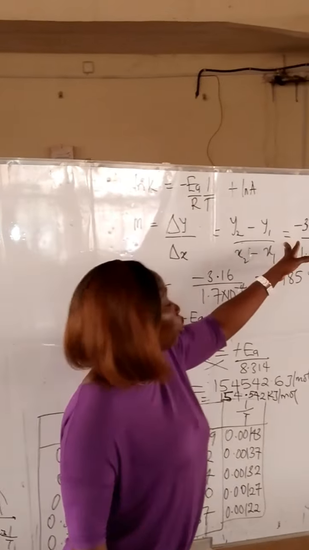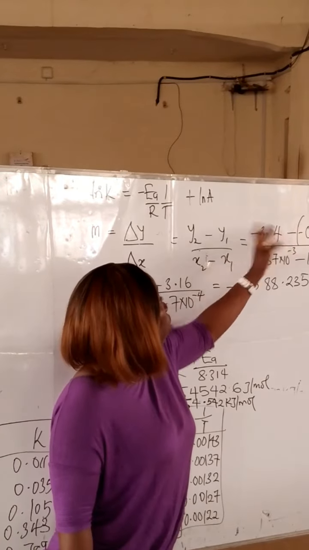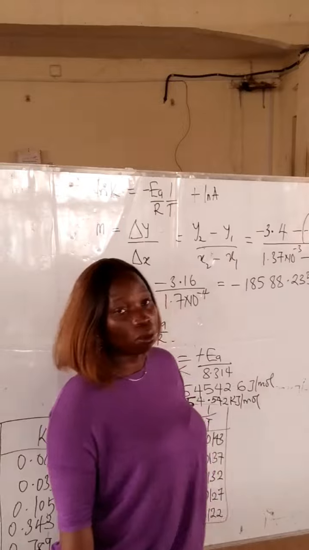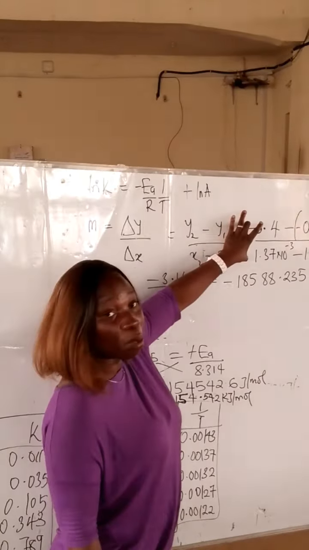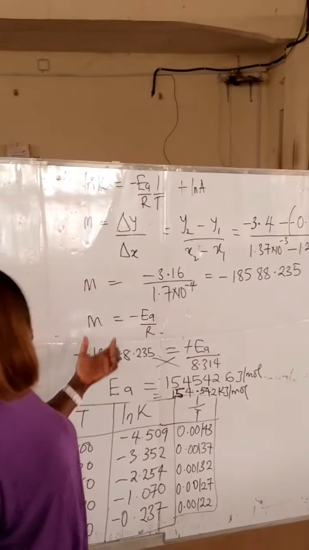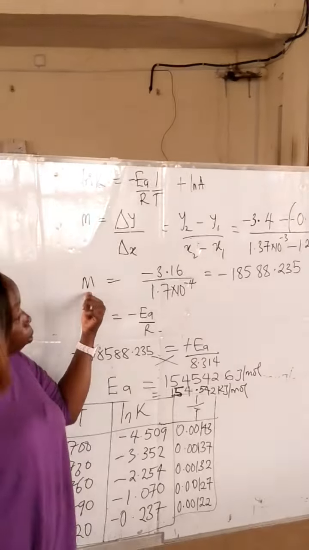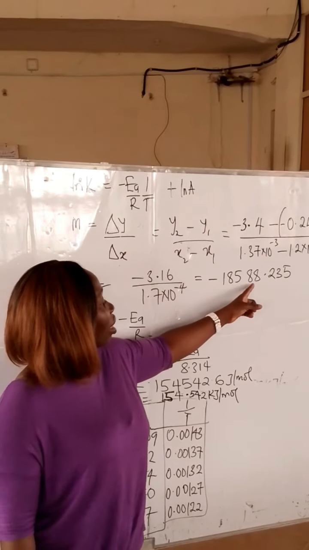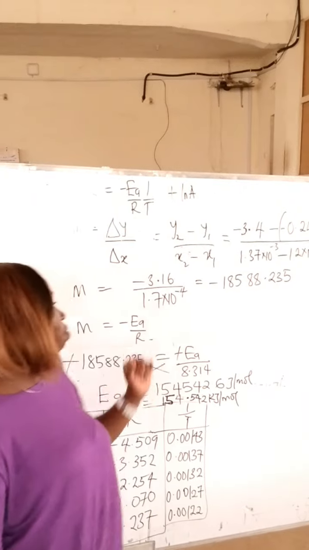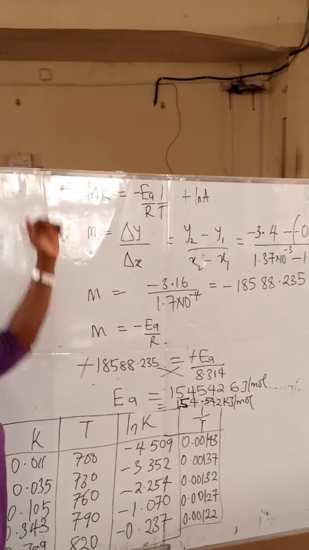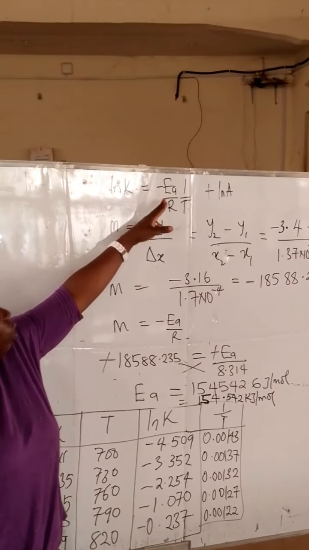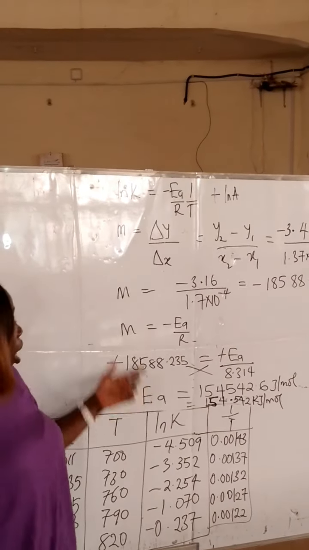So from our graph, we have y2 to be minus 3.4 and y1 to be minus 0.24. When you have put them into the formula, you will have your slope to be equal to minus 18588.235.